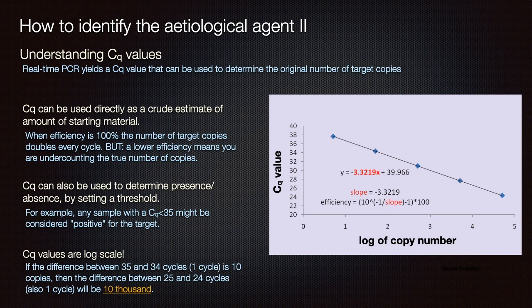For example, if we say a threshold of a CQ value of 35 or better indicates the presence of a pathogen, and 35 or worse indicates noise, then we have a binary test, presence or absence, yes or no. This lends itself well to high throughput applications, including time-sensitive testing, as in COVID. If we need to get reactions done quickly and answers back, we can use a binary test.